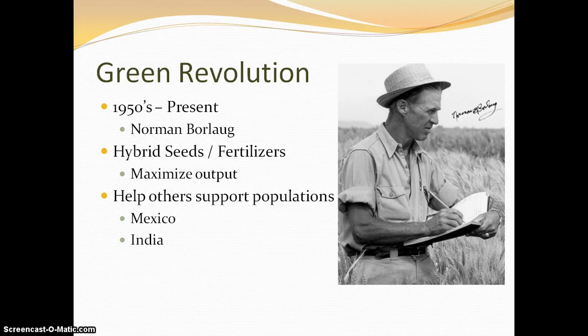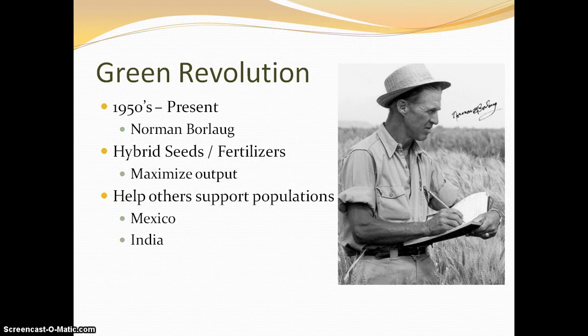And the Green Revolution began around the 1950s when a scientist by the name of Norman Borlaug started working towards different seed varieties, and really what he was looking to do was try to provide benefits towards less developed countries so that they could support their own populations.